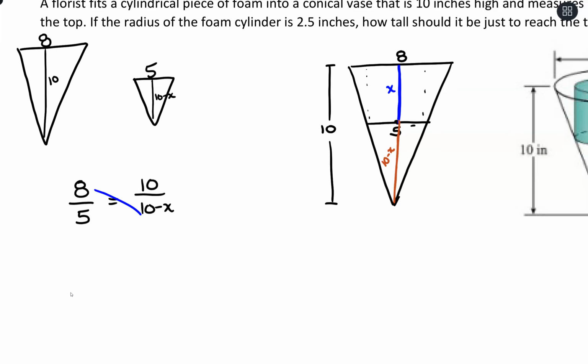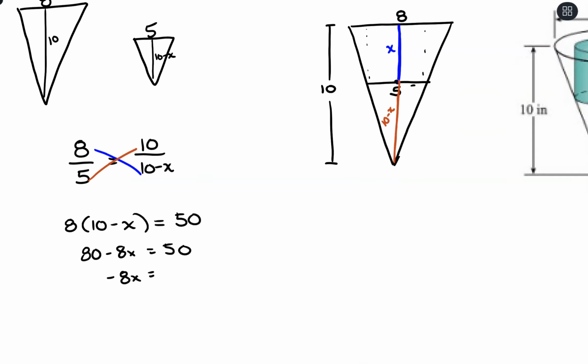And let's cross multiply so that we'll have 8 times 10 minus x equals 10 times 5 for 50. So let's see, we'll have 80 minus 8x equals 50. Take away 80 for a negative 30.